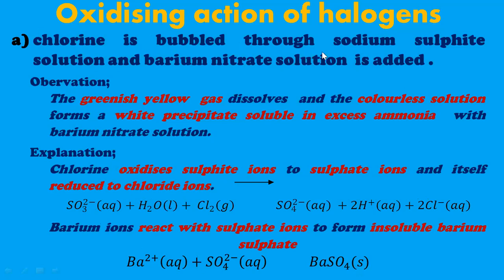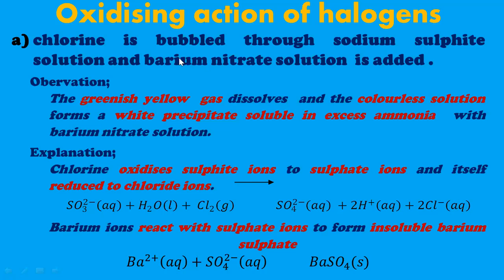So we are now bubbling chlorine through sodium sulfite solution. And after bubbling it through sodium sulfite solution, then we add barium nitrate.